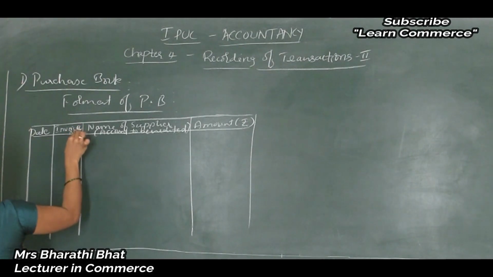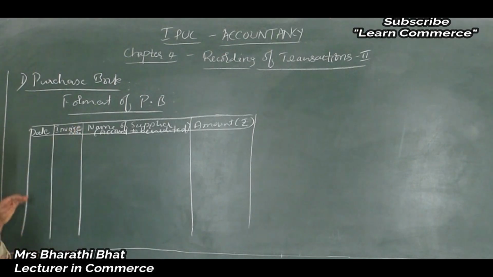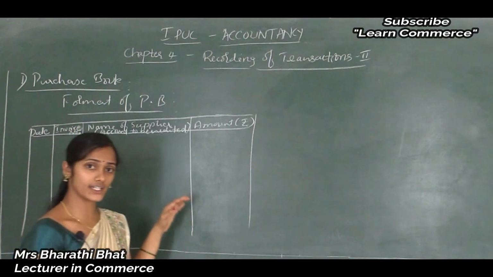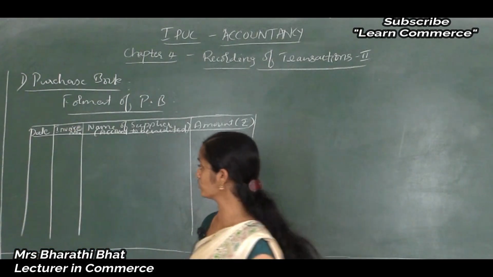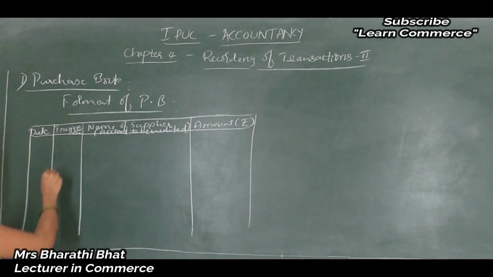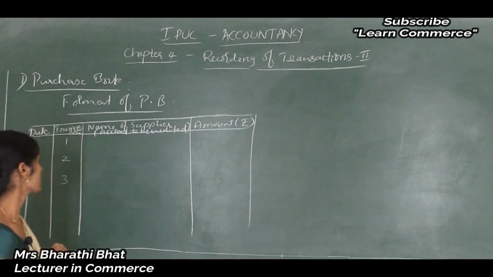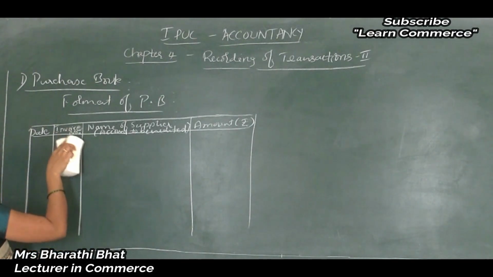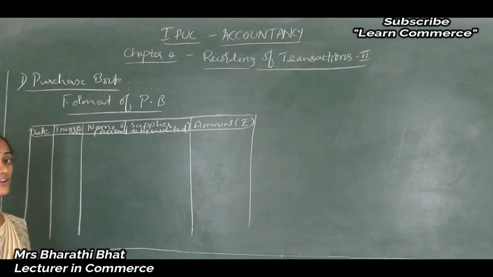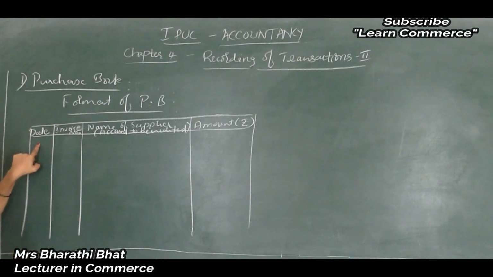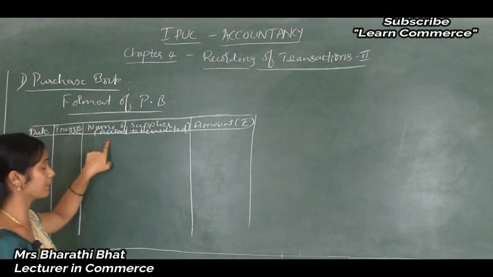Here we have to record date and here invoice number. Suppose invoice number is not given in the illustration, then we have to write invoice number like 1, 2, 3, 4. So based on the transactions, we write the serial numbers. Then the name of supplier.